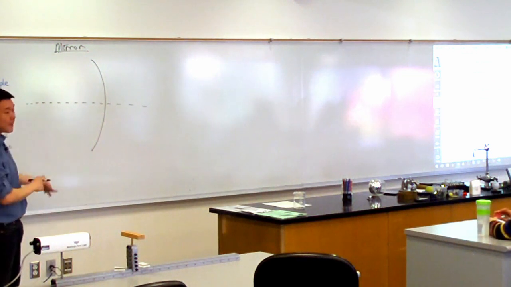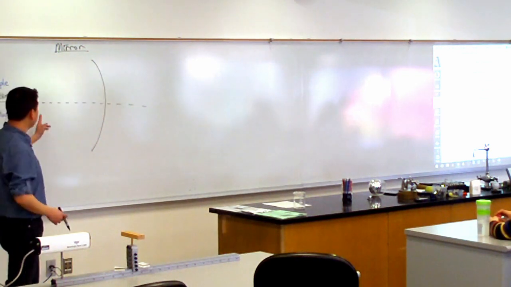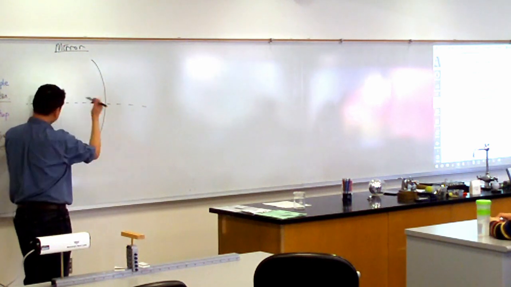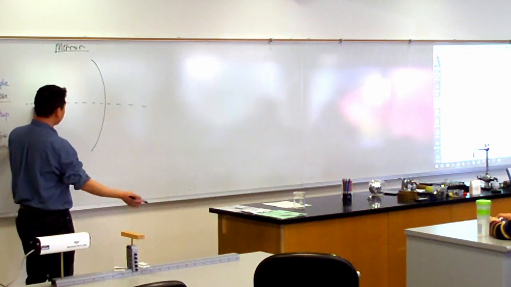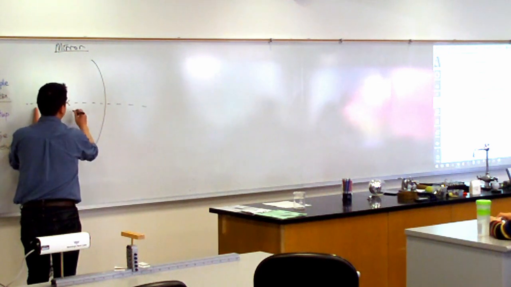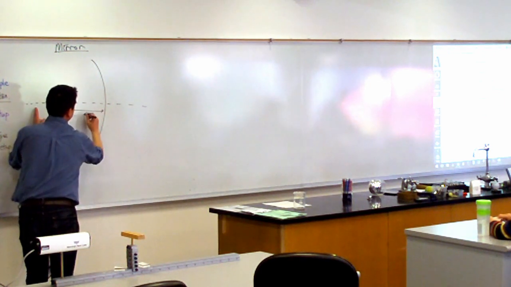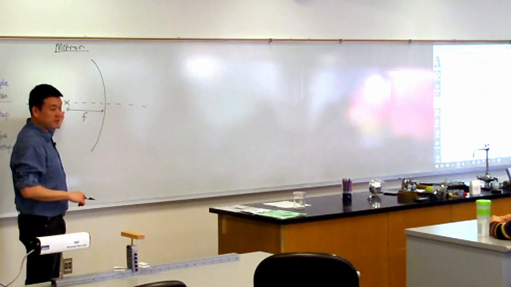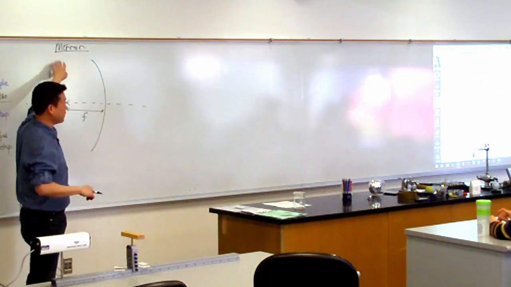If you remember last Tuesday's lecture, then if this is the radius of curvature, the focal point should be here, right? But whether you remember that or not, we'll just say, all right, here's my focal point. This is the focal distance f. This is the starting point that I want to use. So this is for the mirror.